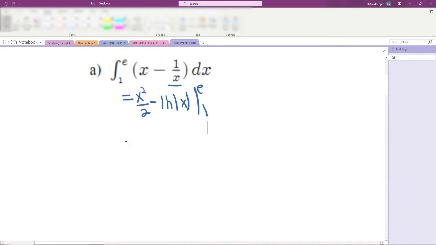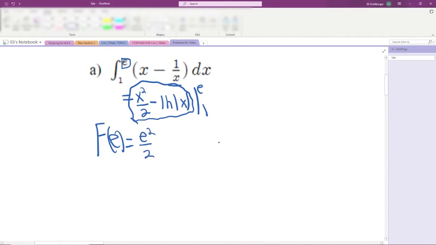So in this scenario, our F of b is going to be with e instead of b. So F of e, and now we plug that in. We'll get e squared over 2 minus the natural logarithm of the absolute value of e. And we can simplify that even further because we know that the natural logarithm of e is just 1.